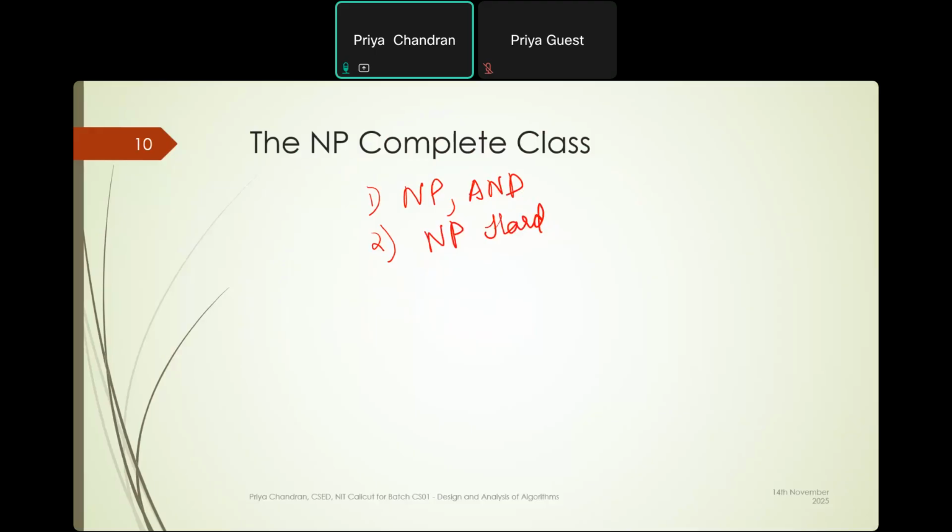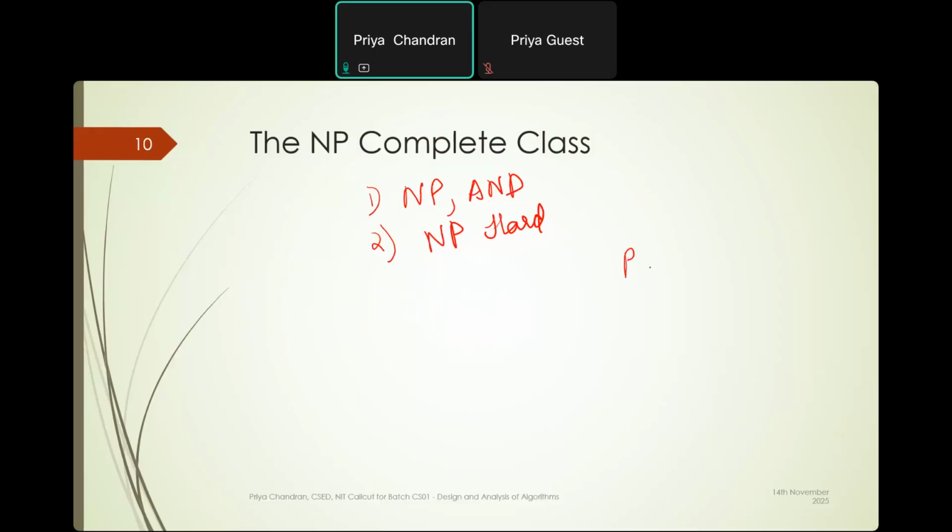We would also be ruling out known polynomial time problems, because it won't be the case that all NP problems can be polynomially reduced to this.